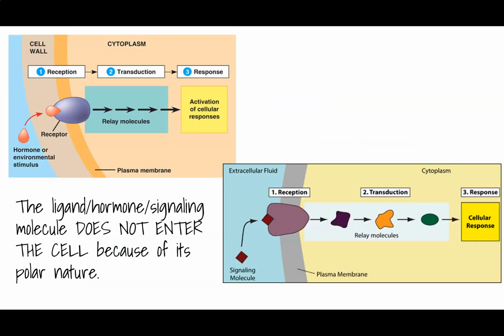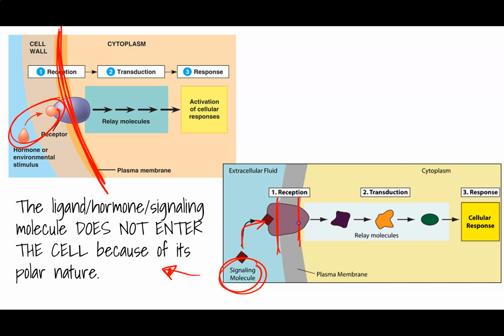So if you look here, I added this. You don't have this, so in the video you'll see there. The ligand or hormone or signaling molecule, whatever you're talking about here, if the reception is in the plasma membrane, you know it is a protein or a hormone. Here, the same thing. This signaling molecule never enters the cell.